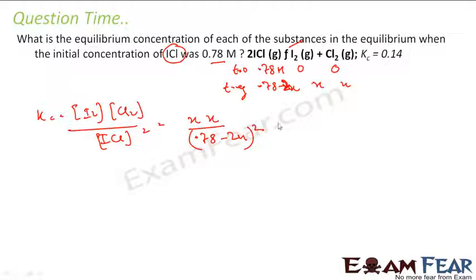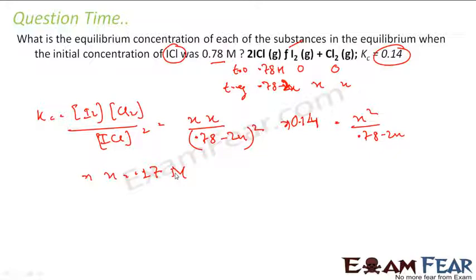And this value is 0.14. So this is x squared by the quantity 0.78 minus 2x, squared. There won't be any unit here because these are all moles per liter and they cancel. So you solve this, you get x is 0.17 M.